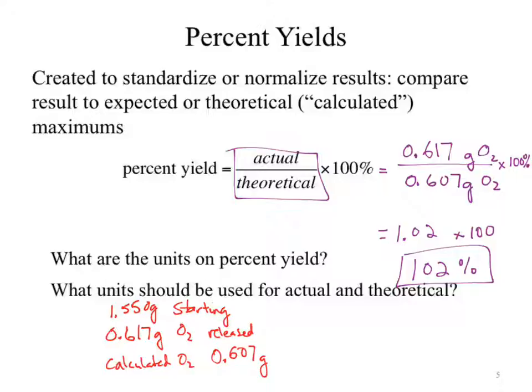Okay? Why does this show up? Because as soon as you get that 102%, 9 times out of 10, students just say, well, I'm going to change the numbers so that I get a number less than 100%. Meaning, you went through and said, I'm going to make up an answer and I'm going to hope that's right. Because it shouldn't be over 100%. It is the most common way to test percent yield.